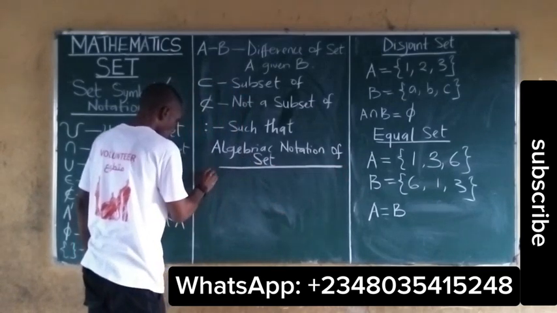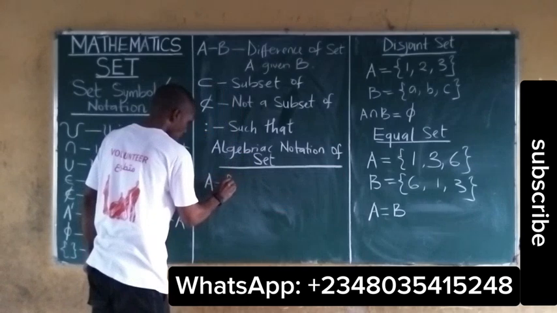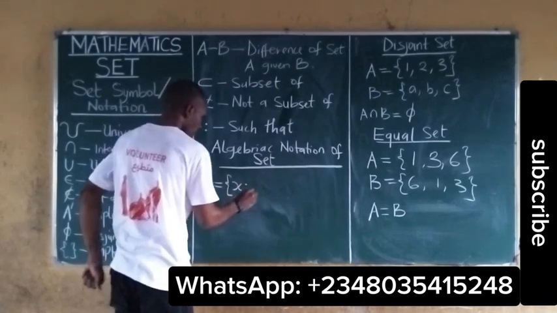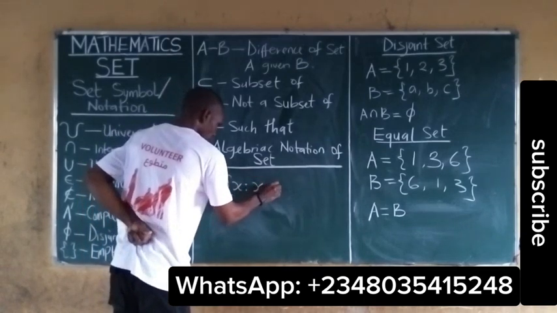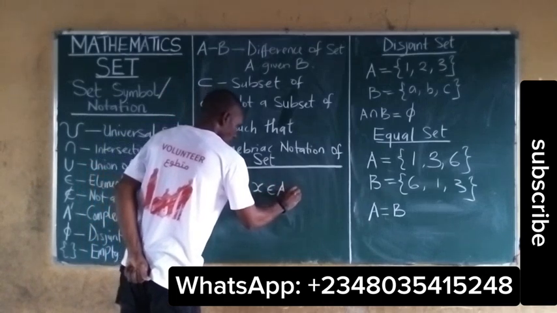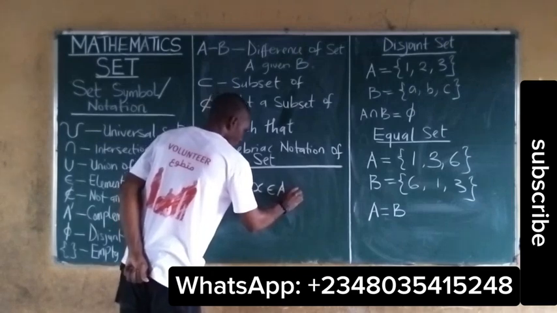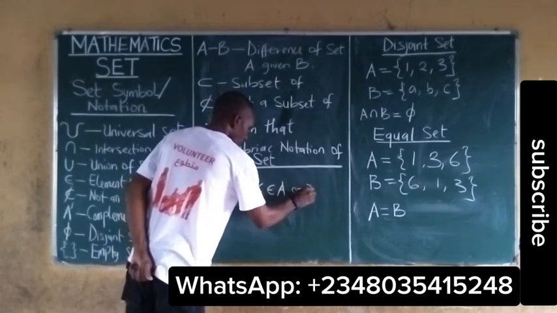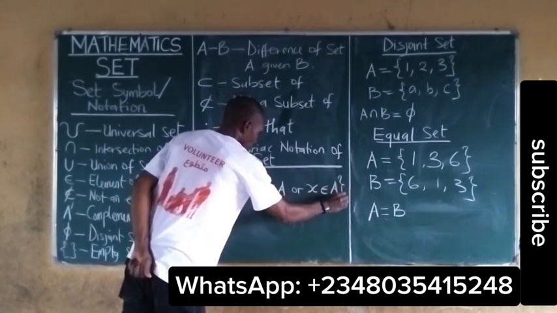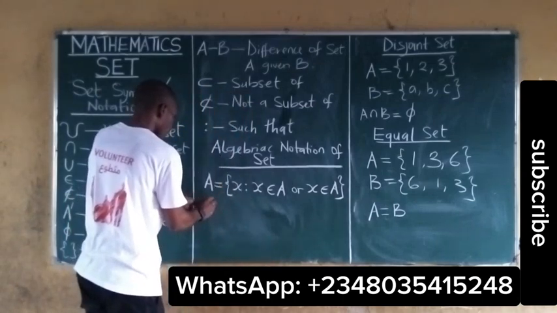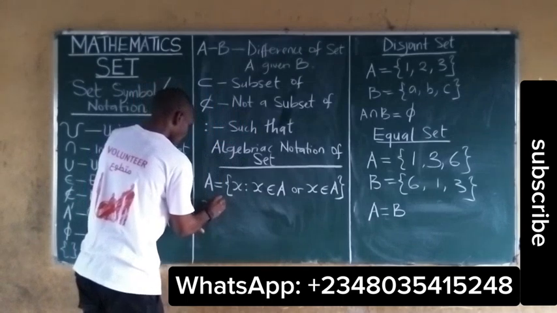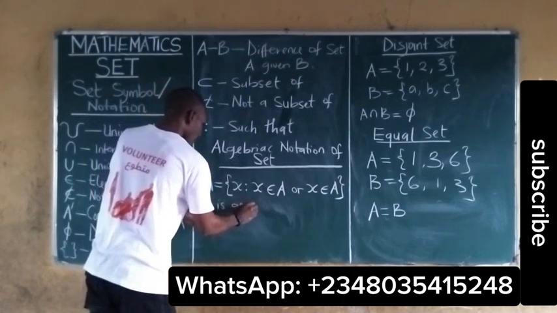For example, we can take one: if we say A is equal to {x such that x is an element of A, or x is an element of B}.